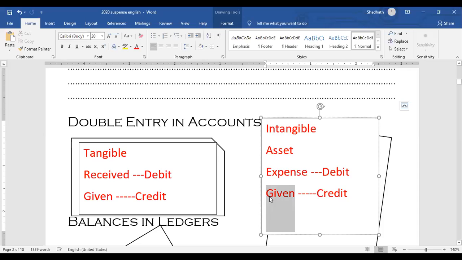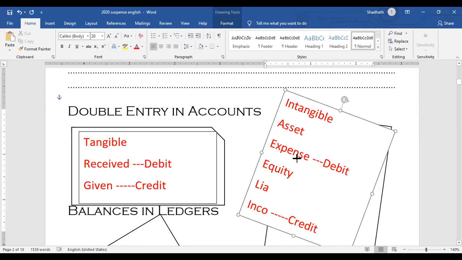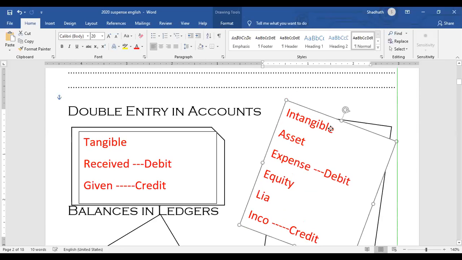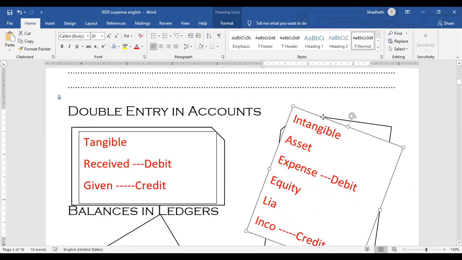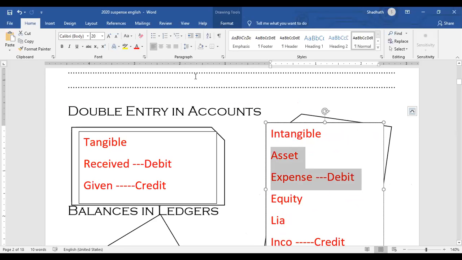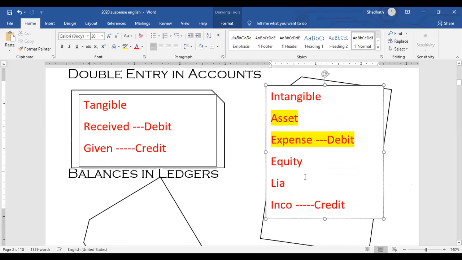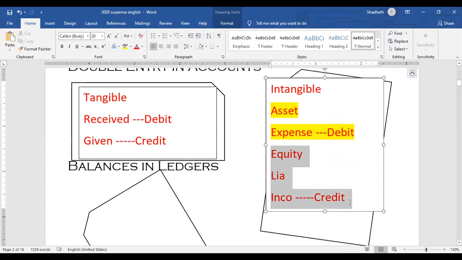Equity, liability, income. Note it down. So in this rule, I have given two boxes to you, double entry accounts. Asset and expense, debit side. Equity, liability, income, credit side.